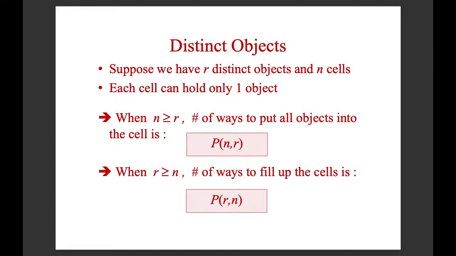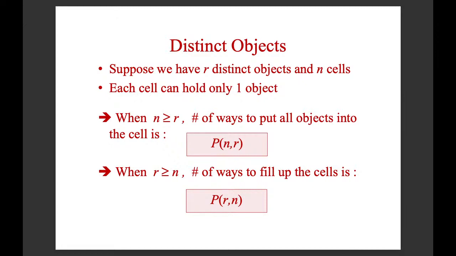After the selection of the boxes, we need to assign which box should hold the first ball, which box should hold the second one, and so on. So it is actually the same as finding the number of R-permutations when we have n boxes to choose from. Is that okay? So this is P(N,R).